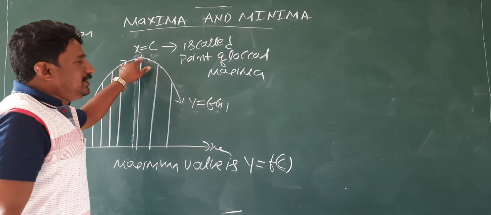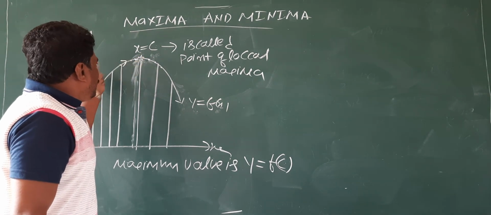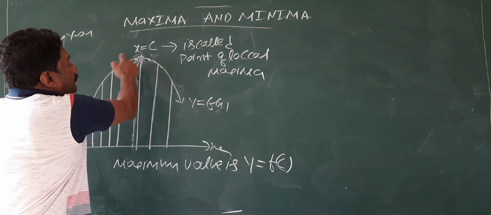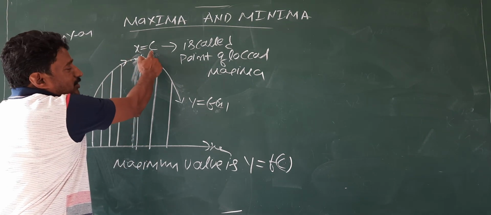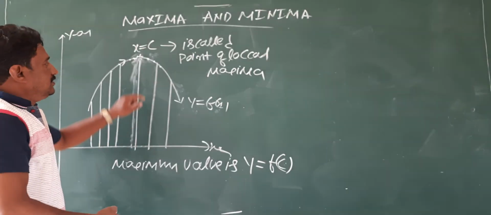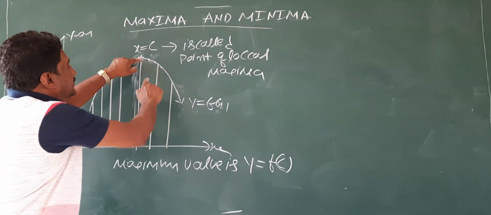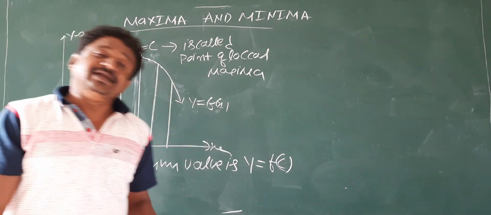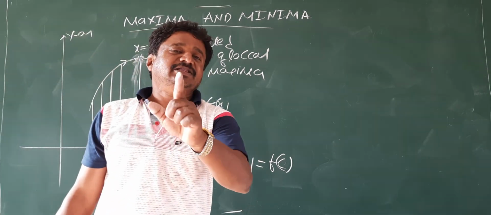The function on the left side of the point x is equal to c is increasing. The function on the right side of the point x is equal to c is decreasing. You learn this very well.